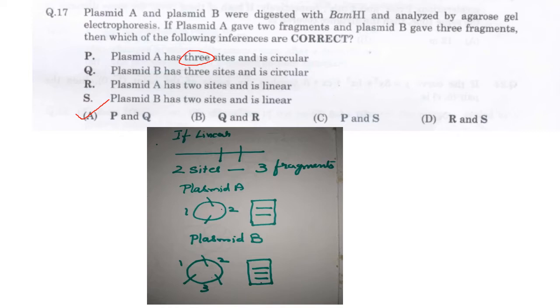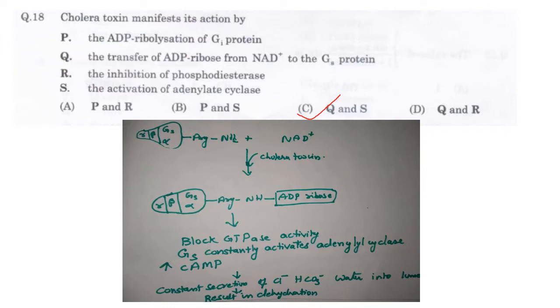Okay. Coming to cholera toxin manifests its action by the ADP ribosylation of Gi protein, the transfer of ADP ribose from NAD plus to Gs protein, the inhibition of phosphodiesterase, the activation of adenylate cyclase.